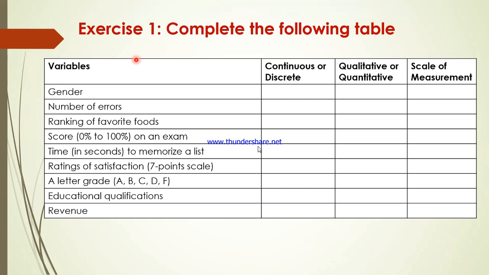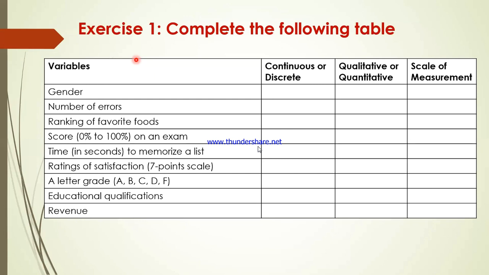The values are 1, 2, 3, 4, 5, 6, 7, and 4 is the midpoint. At the midpoint, there is neither satisfaction nor dissatisfaction; it is nearly average.